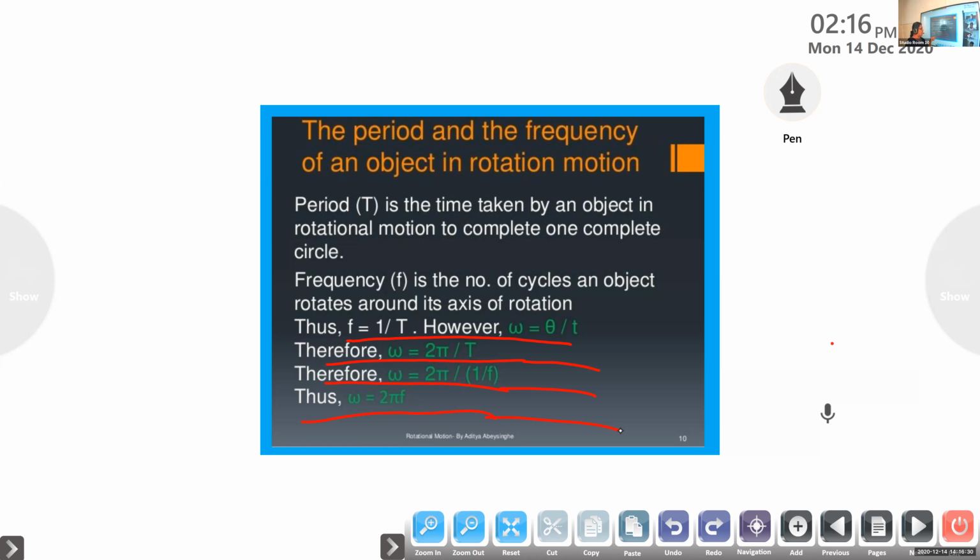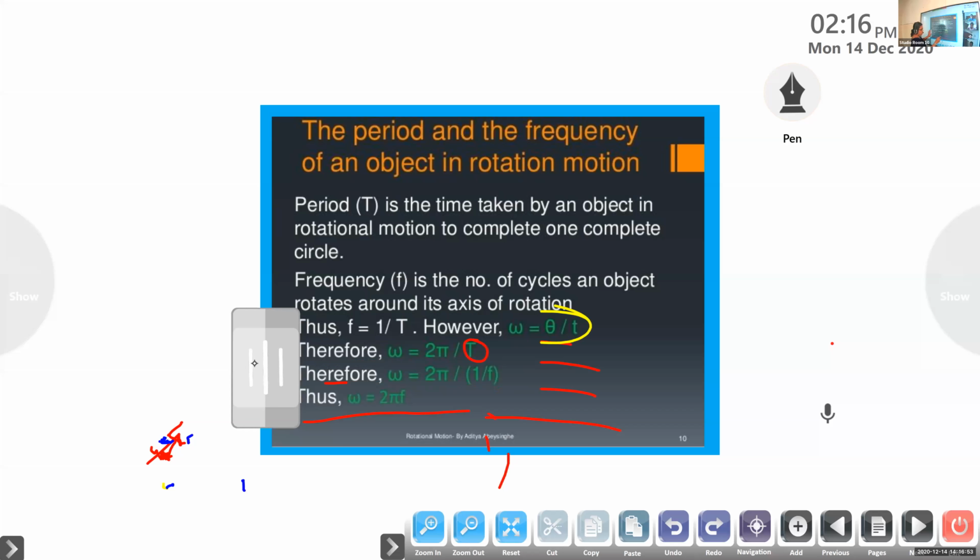So what you have to write once again is the frequency. In linear motion, frequency is equal to 1 by T, but in angular motion, omega is theta by T. And instead of theta, we can also write omega is 2 pi by T. And then instead of T, you can substitute 1 by f. Then you will get finally omega is equal to 2 pi f. Why?